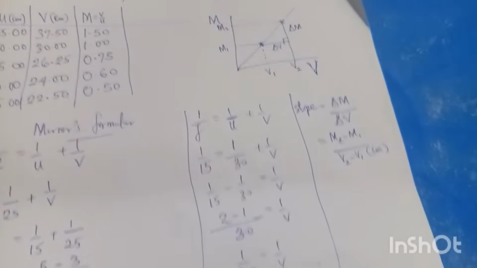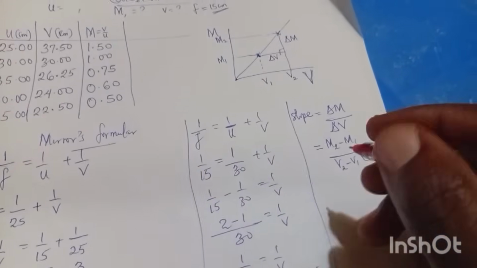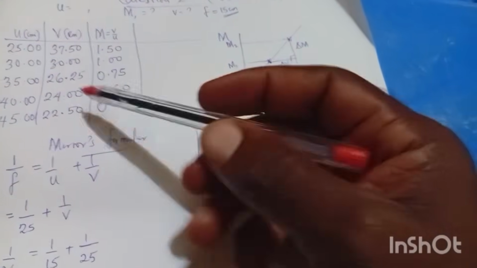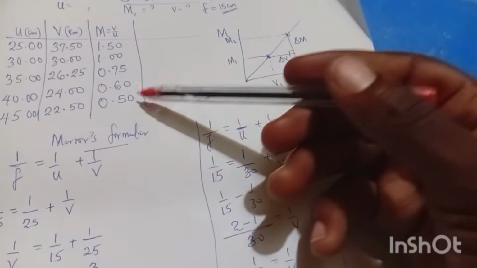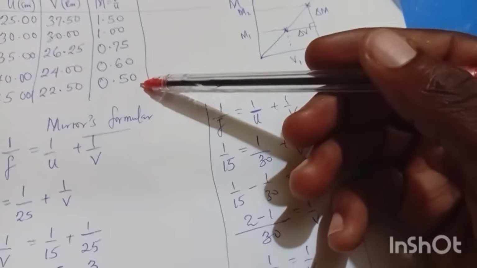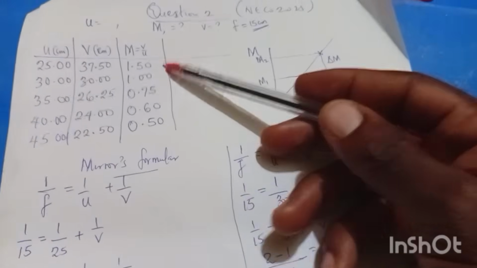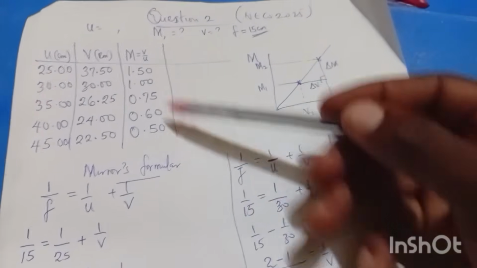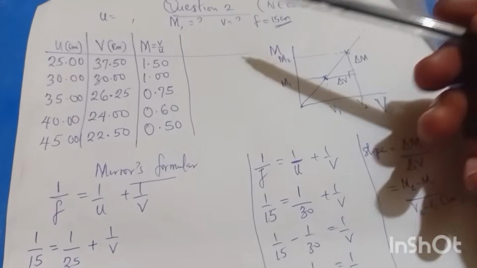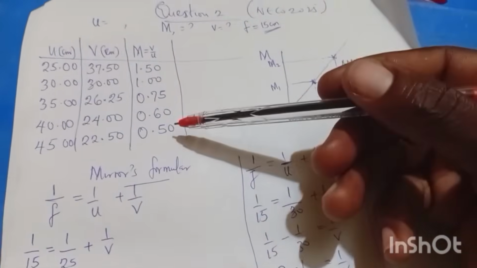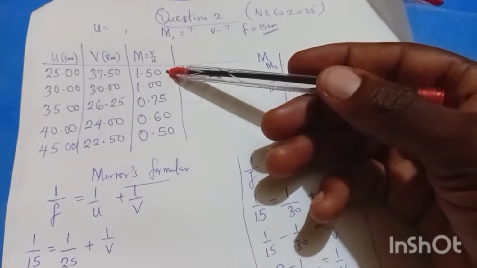So at the end of the day, the answer we'll be getting will be inverse of centimeter. Let's say this is my m2, because m is on the vertical, this is my m2, this is my m1. It can be any direction you pick, you maintain it throughout. So I'm picking this one as my m2 and this as my m1.